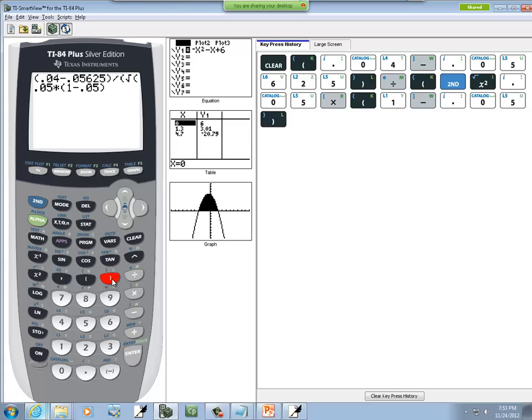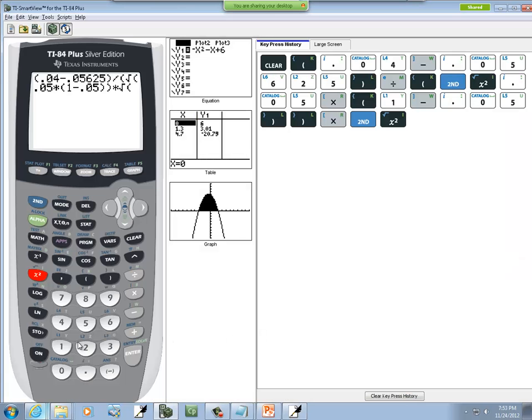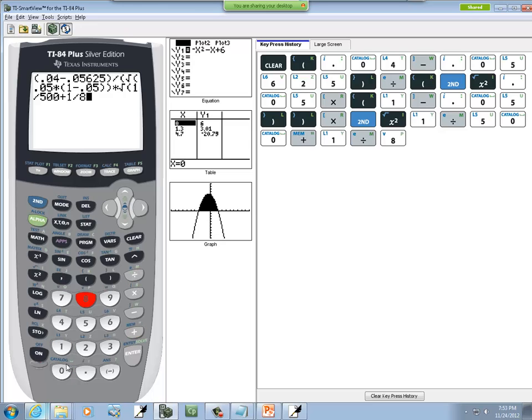Closing parentheses on 1 minus 0.05. Closing parentheses on that square root. Then times our second square root, which is the square root of 1 over 500 plus 1 over 800. So I got 1 divided by 500 plus 1 divided by 800. Enter. Now we get negative 1.31.